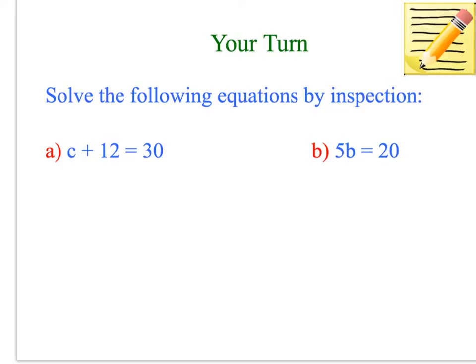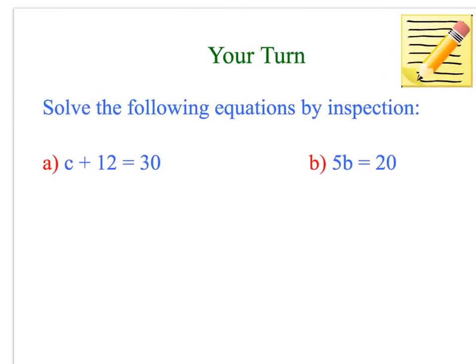Okay, this is so easy that I'm going to get you to do it straight away. So I want you to solve these equations by inspection, so by just guessing and checking. Let's look at the first one. C plus 12 equals 30. So basically I just have to work out what 30 minus 12 is, and then that will leave me with what C is.